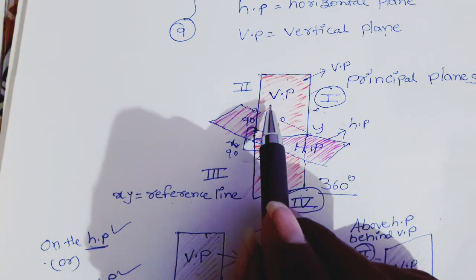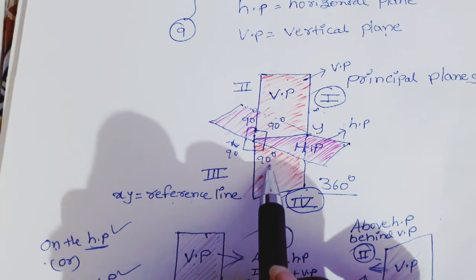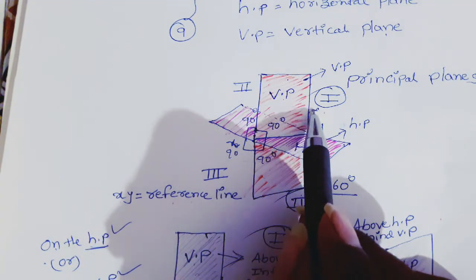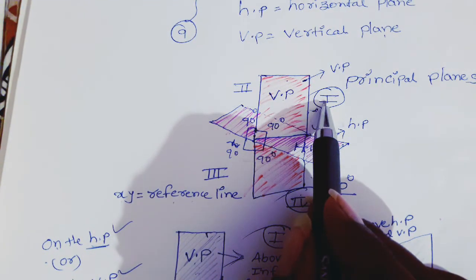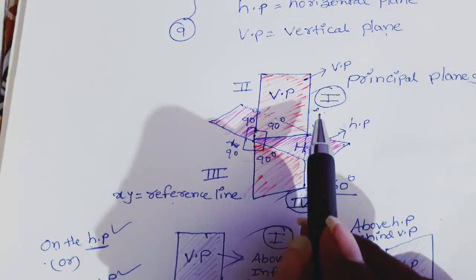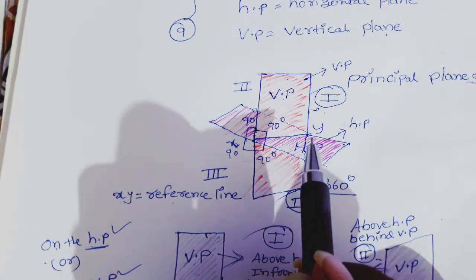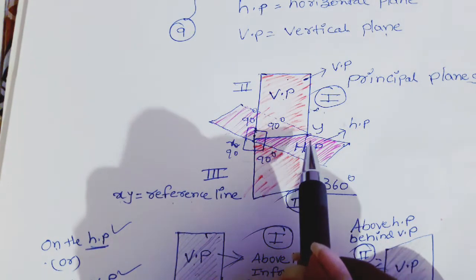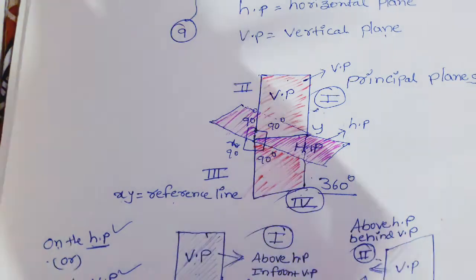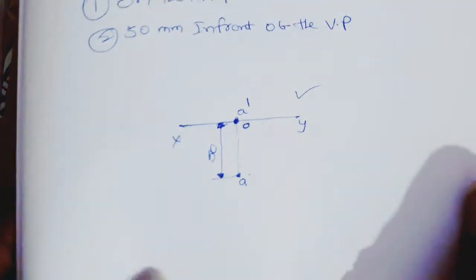But this is also in front, with respect to the fourth quadrant, and this is also in front with respect to the first quadrant. But he has given on the HP, so we don't know whether the position will come in the first or fourth. That's why we show the position of the point on the XY reference line.